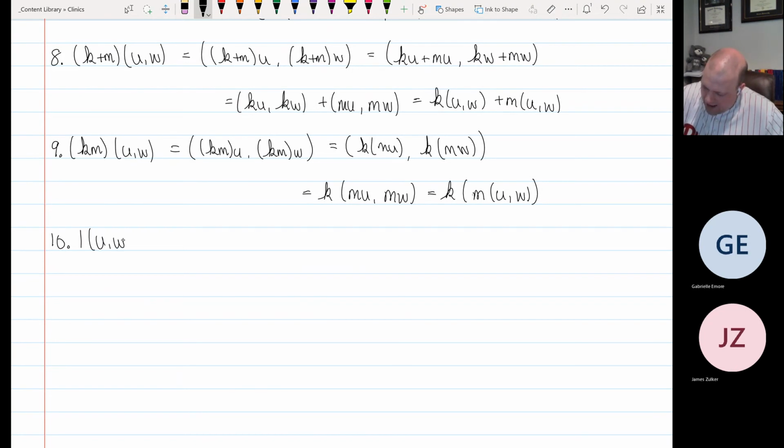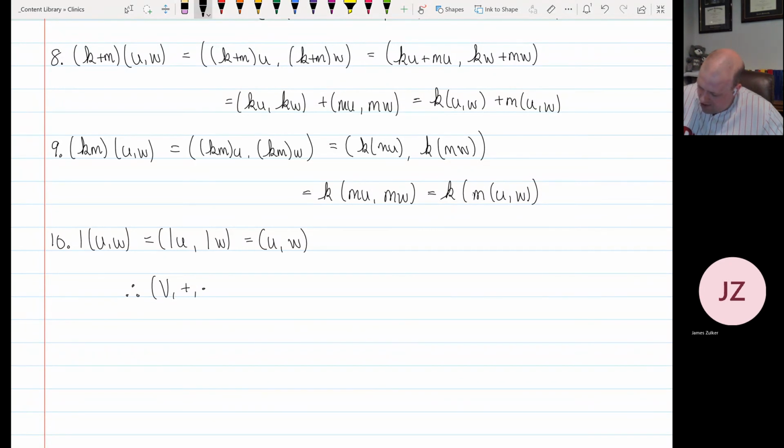So 1 times U, W has to be U, W. By definition, this is 1 times U and then 1 times W. But U is a vector space, so 1 is the multiplicative identity in U. So 1 times U is U. But W is a vector space, meaning that 1 is the multiplicative identity in W. So 1 times W is W. Hence, 1 is the multiplicative identity in V. So the 10 axioms have been satisfied.